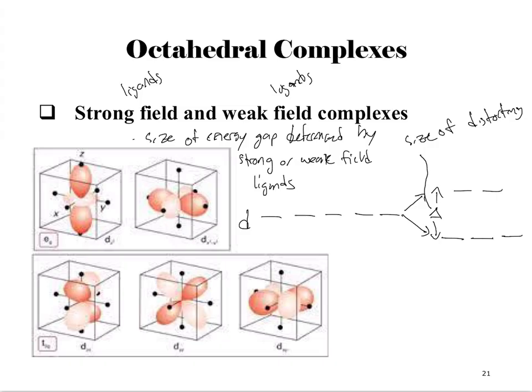Whereas if we look at the other d orbitals of the metal center, it's kind of hard to tell, but these are in between the spaces of each of the ligands, right? So these orbitals are filling up empty space, not where other electron density is already taking place. So these are going to end up going lower in energy. The ones that line up with where the ligands are are going to end up higher in energy, and the ones that fill up empty space are going to end up lower in energy.